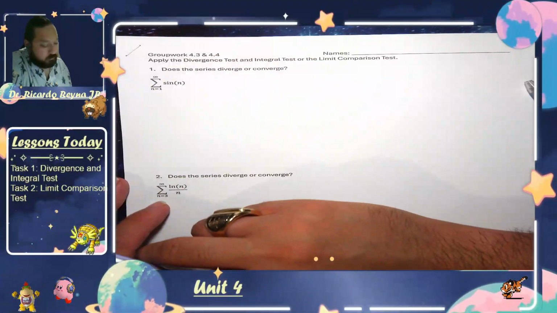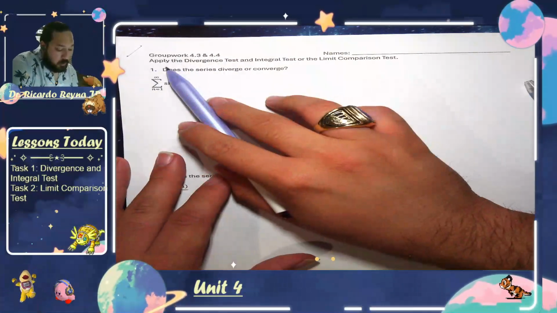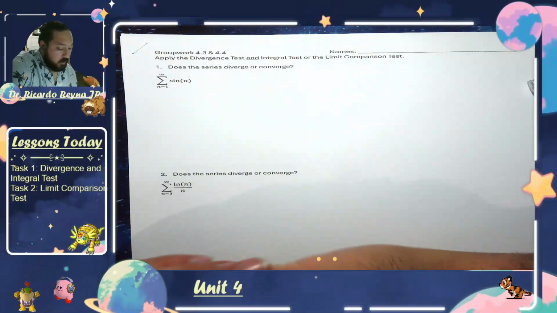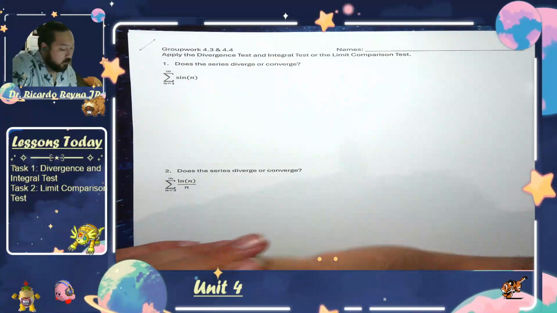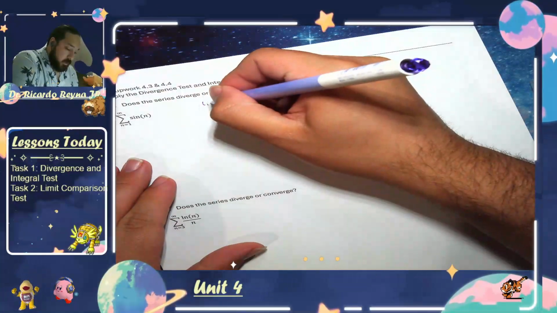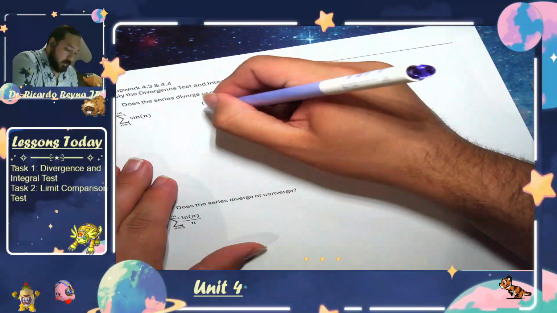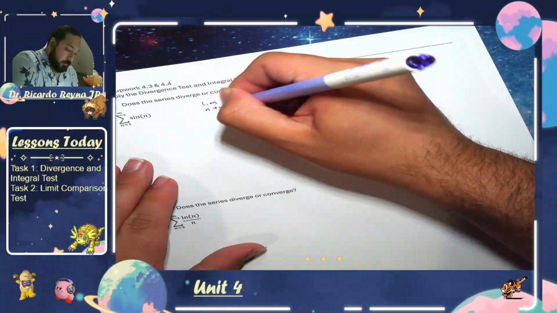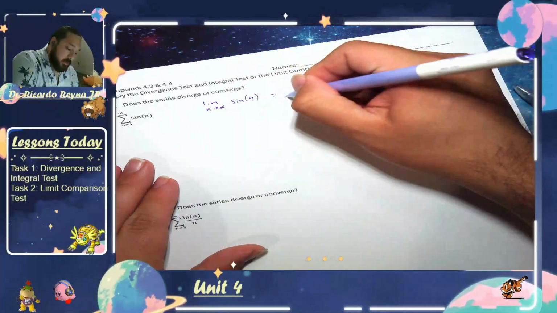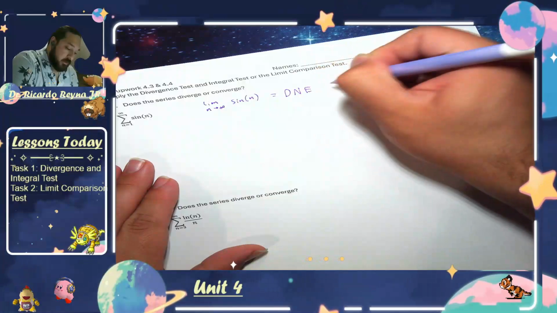So this is a series: does it diverge or converge? The prompt is to apply the divergence test, integral test, or the limit comparison test. Okay, so we're going to do the divergence test first. Extract just the series in the sum. And we know that this limit does not exist.